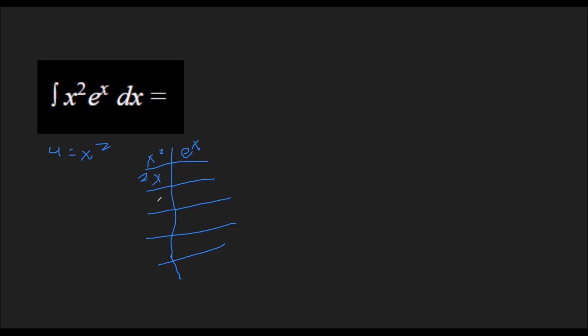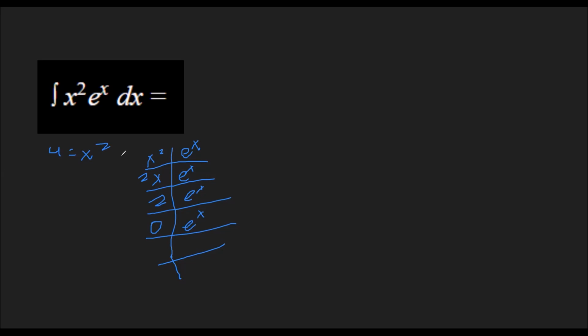So you end up with 2x, 2, and whenever you derive a constant, it is equal to 0. And now we have to integrate this side because this is the dv side. The integral of e to the x is e to the x, and yeah, we can just write this a few times.